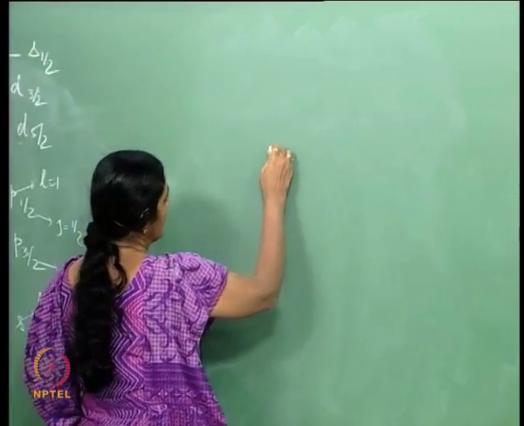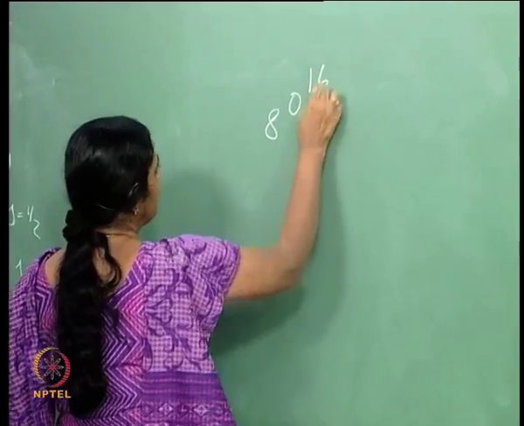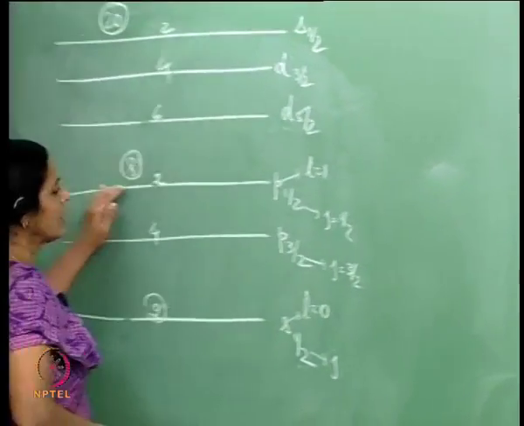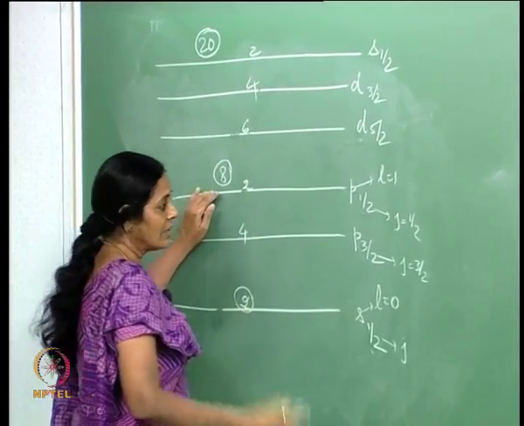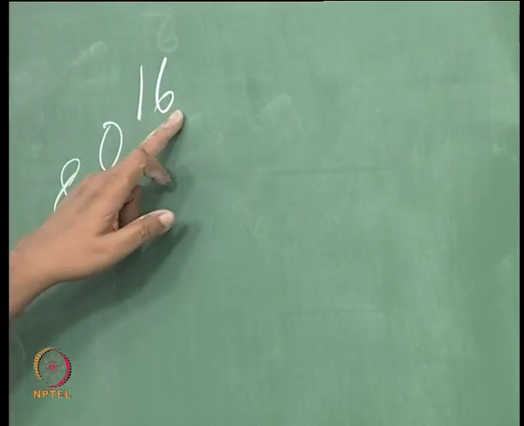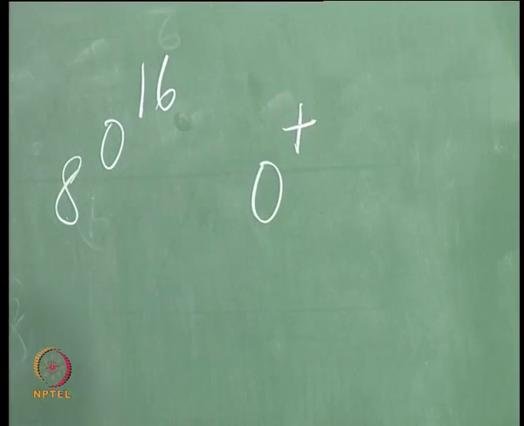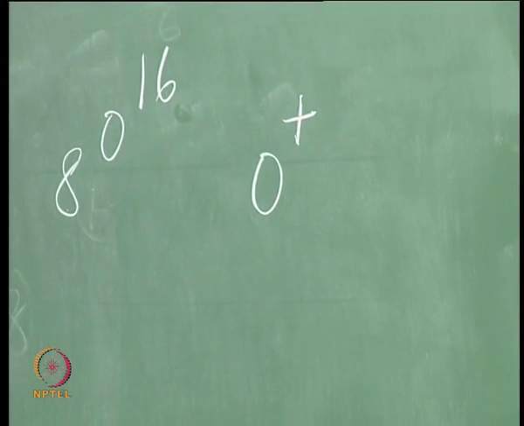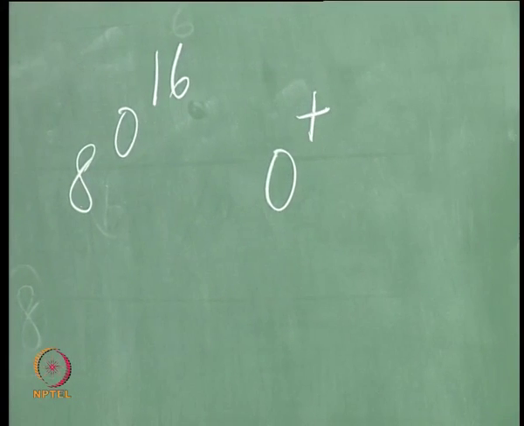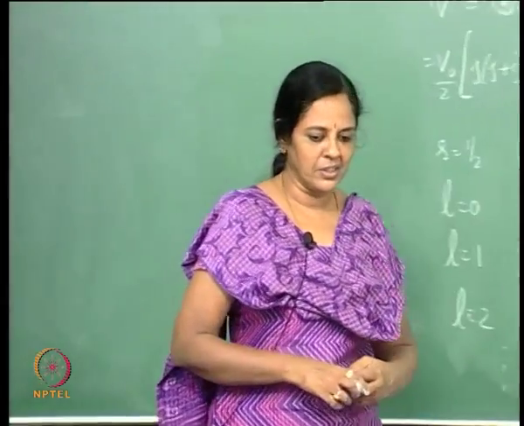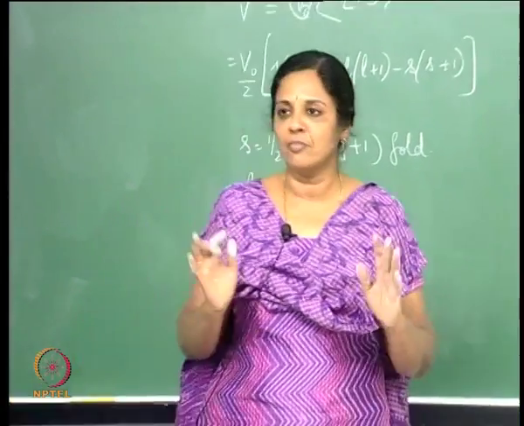Now, suppose you had 8O16. 8 is an even number, no contributions. The remaining 8 is another even number, no contributions. So, the spin parity is taken to be 0 plus. The spin is 0 and the parity is plus, and so on. As you can see, this is only a very rough model.